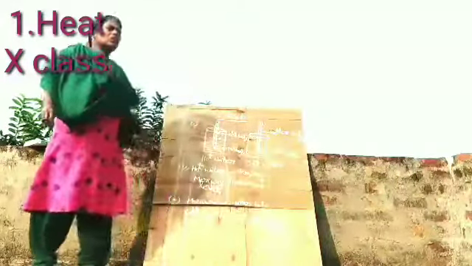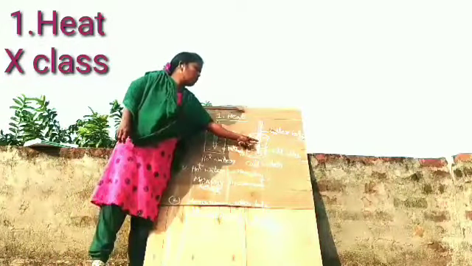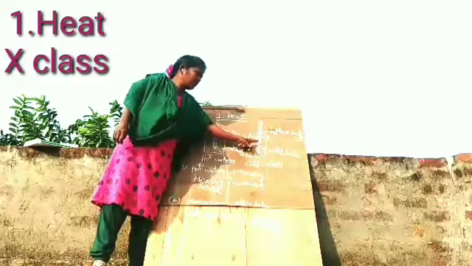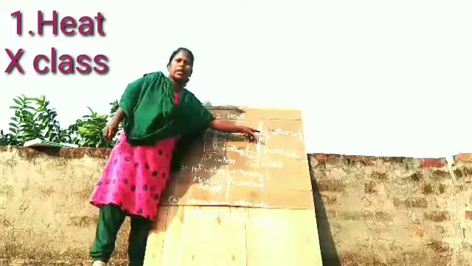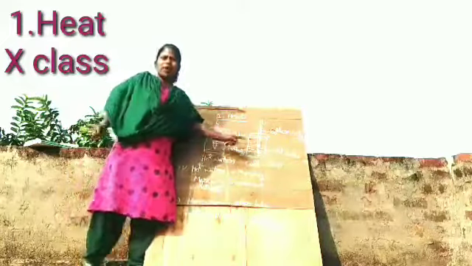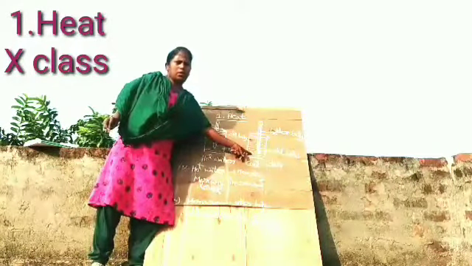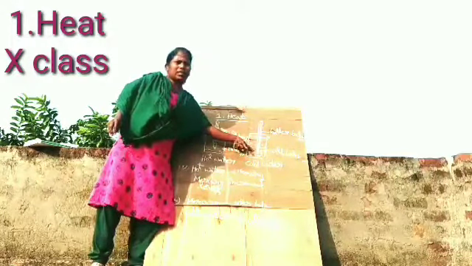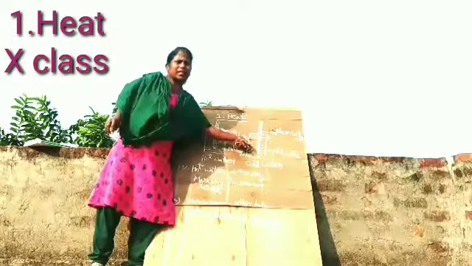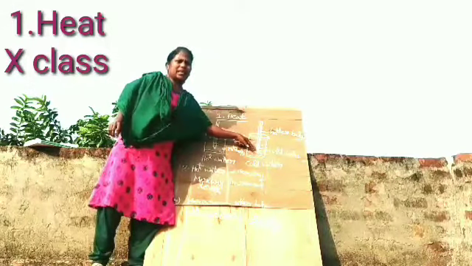Cold water is the cold body. So here heat will flow from mercury to cold water, until both reach the thermal equilibrium stage. The transfer of heat occurs here.